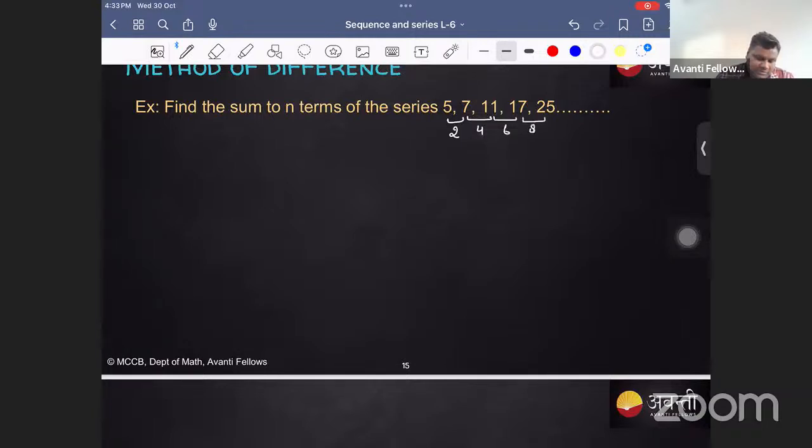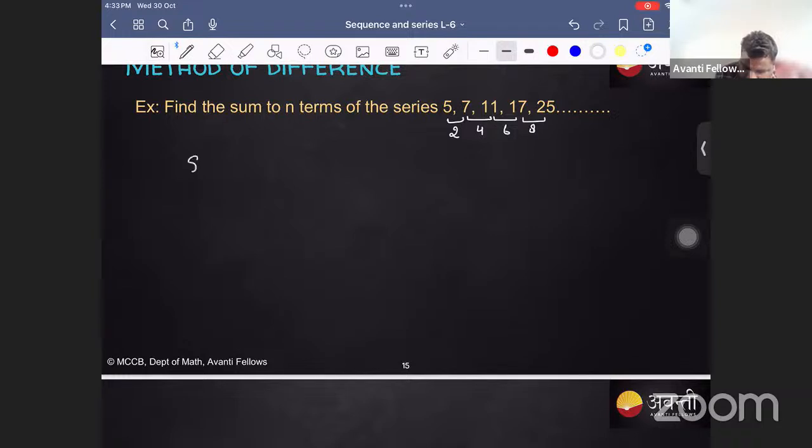Between these two? 8. So 2, 4, 6, 8, and so on. Am I correct? So what is happening? The differences of these terms are occurring in AP. The series is not in AP, but if its differences are taken in order, they constitute an AP. Am I correct?